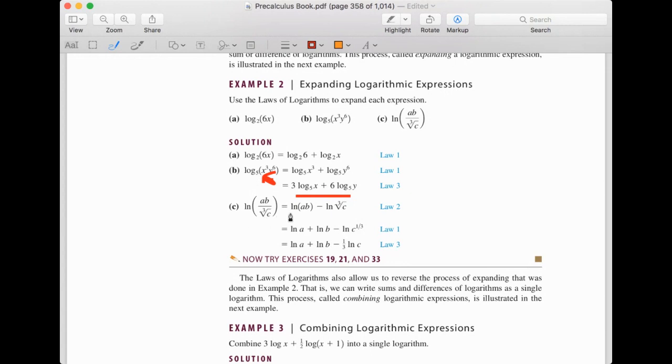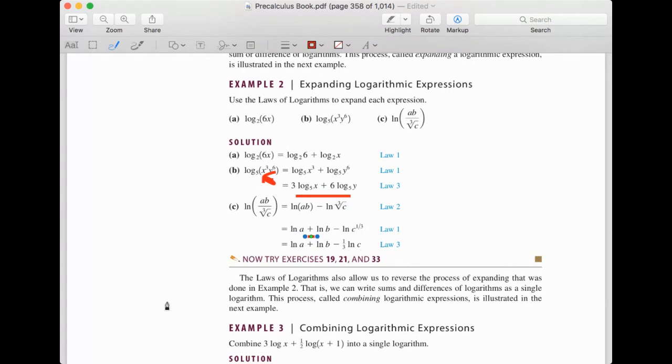First we write log of a times b minus log of the cubic root of c, because there's a division inside, so we write it as a subtraction. Now the product we can write as a summation, so we have ln a plus ln b. Then the cubic root of c means c raised to 1/3, so we can put this 1/3 up front of ln. So that becomes minus 1/3 ln c.